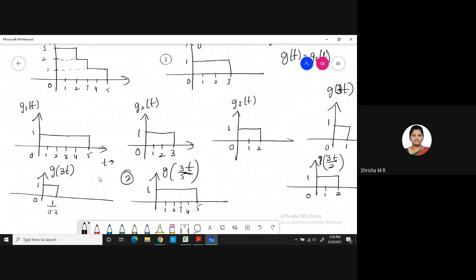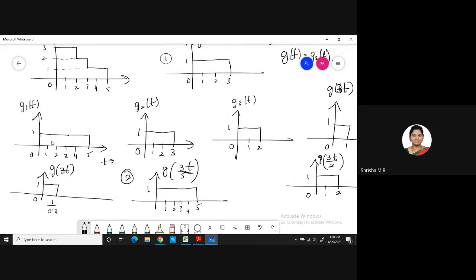Now I want this signal. It will be easy for me to expand if it is from 0 to 1. So again, if I scale it by an integer, the signal will compress further, so I am scaling it by a fraction, that is 1 by 5 or 0.2, so that it will get expanded and go up to 5.